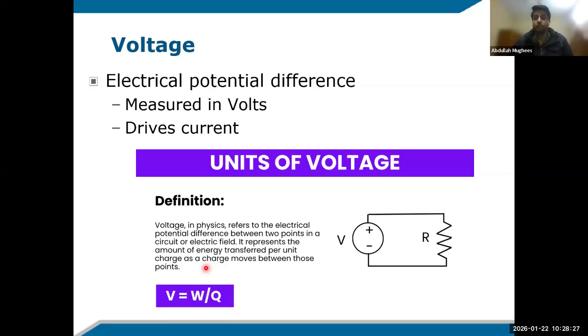So I have a ceiling fan. It works on like 120 volts or 220 volts or 100 volts or 12 volts. Every kind of equipment that you use in your daily life has some kind of voltage rating, as per its design.